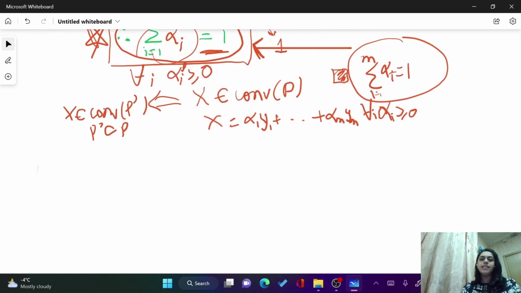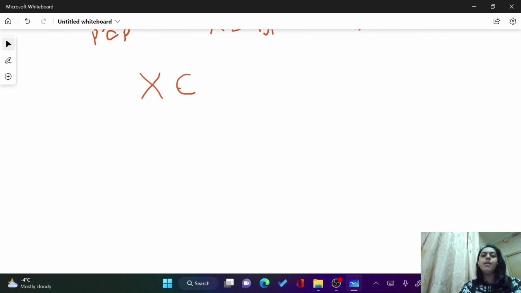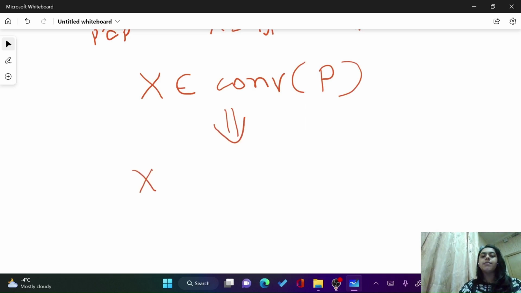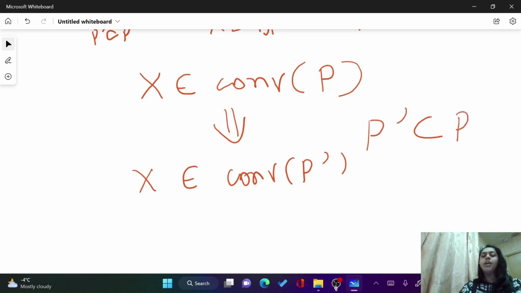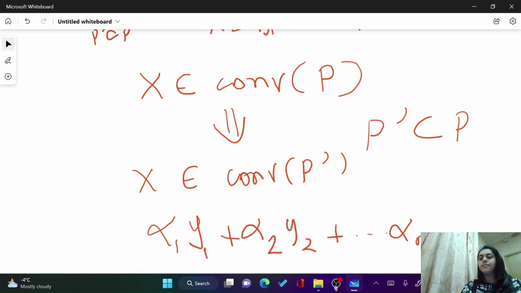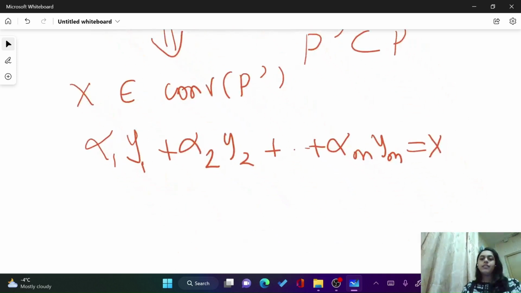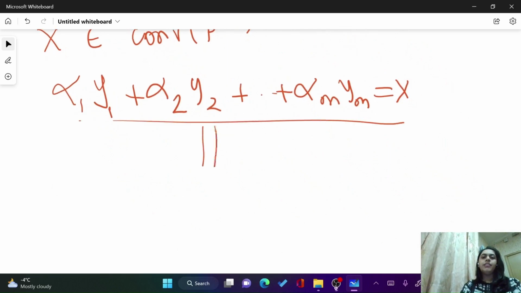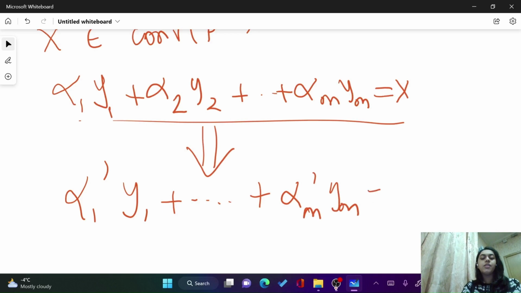I'll quickly summarize. We had been given that x belongs to the convex hull of P, and we wanted to prove that x also belongs to the convex hull of P dash such that P dash is a subset of P. For that, we already had this fact, and we needed that there exists some alpha dash that can also represent x.